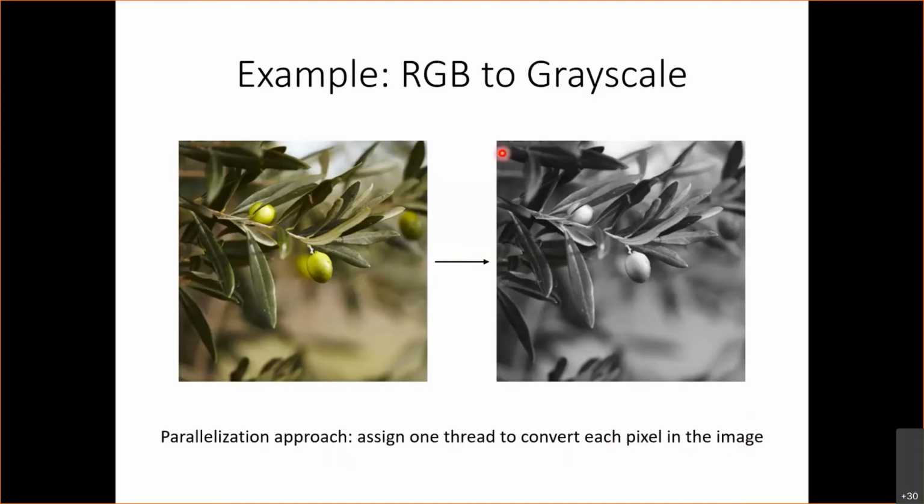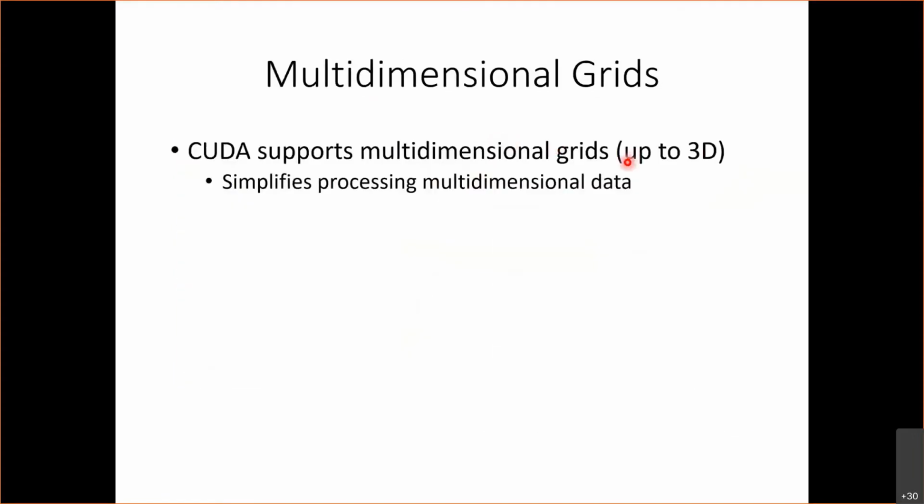Now the image is a multi-dimensional array, right? It has a width and it has a height. Because the image is a multi-dimensional array, it's convenient for our threads to also have multi-dimensional indices. And it turns out that CUDA supports multi-dimensional grids.